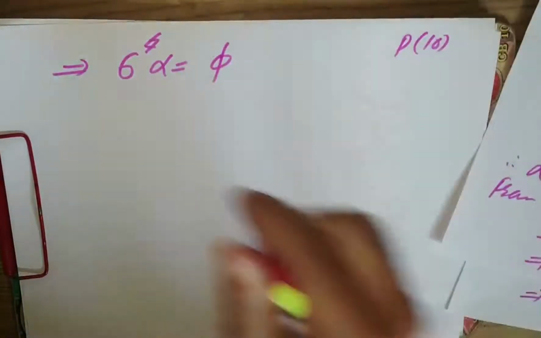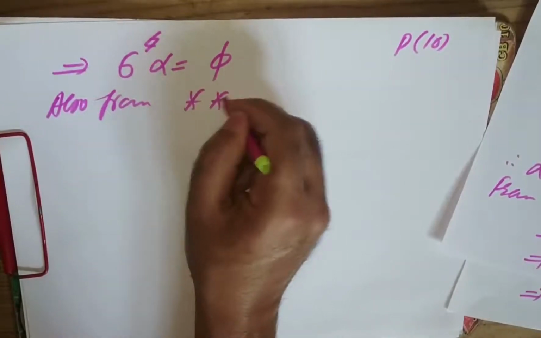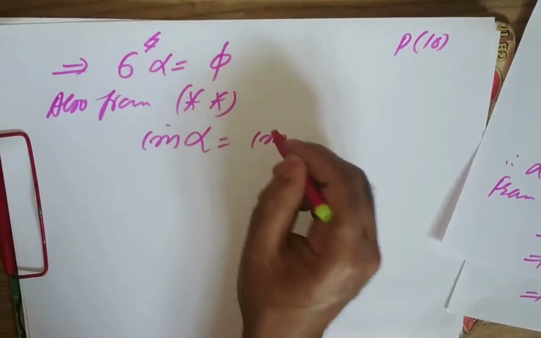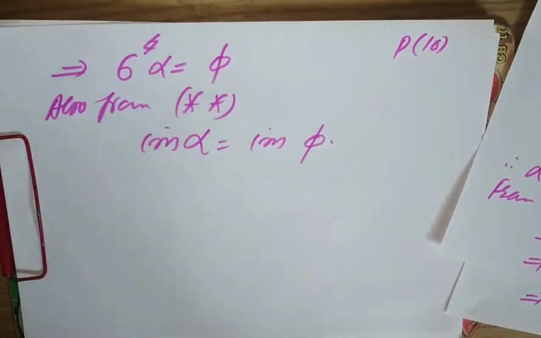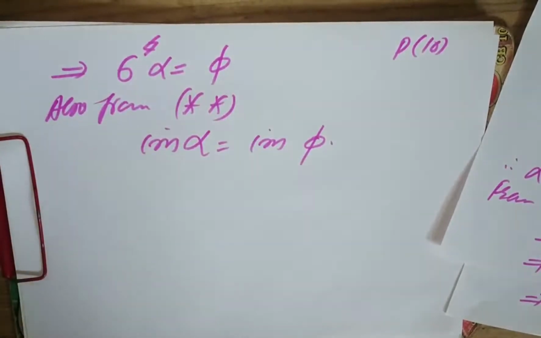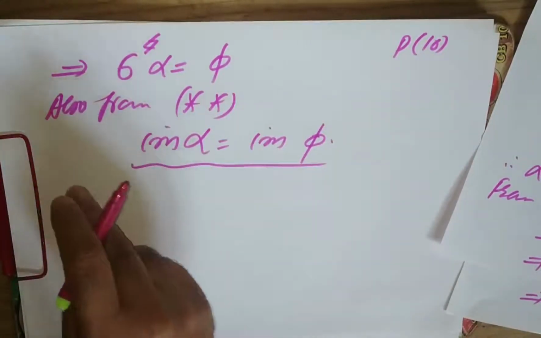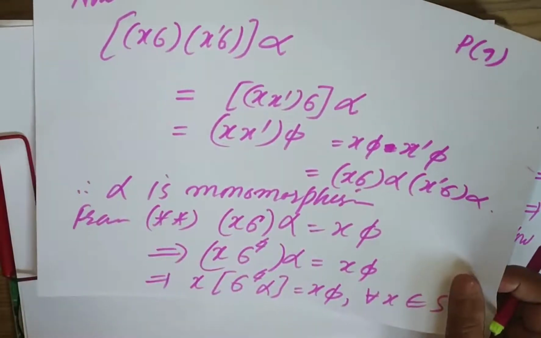And also from double star again, the image of alpha is equal to the image of phi. Both the images are equal. So you can prove this as well, or you can directly apply this equation from the definition.